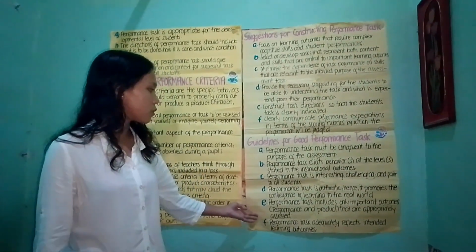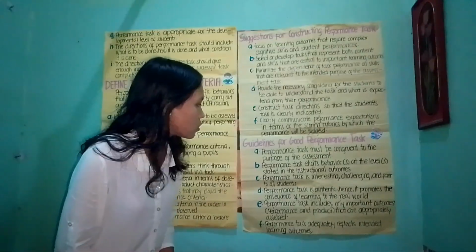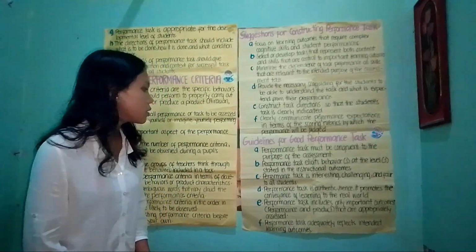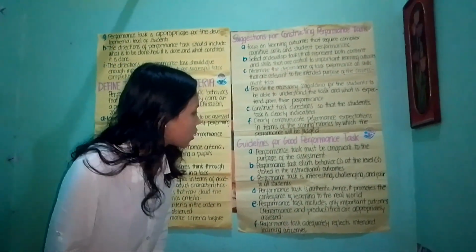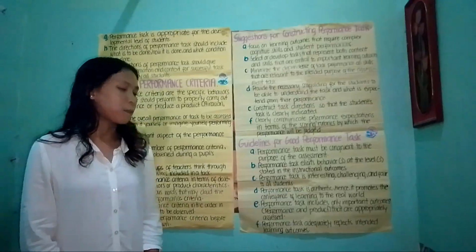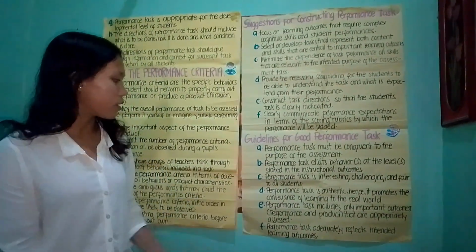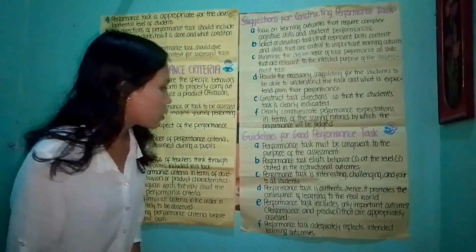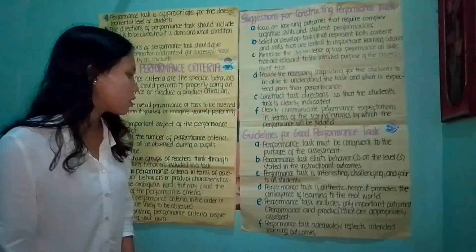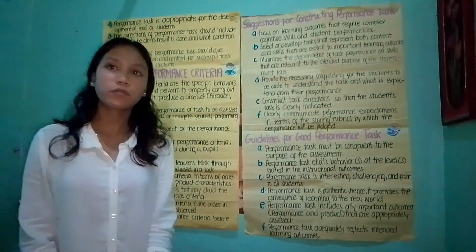And letter C is performance task includes only important outcomes that are appropriately assessed. Letter D is performance tasks adequately reflect intended learning outcomes.